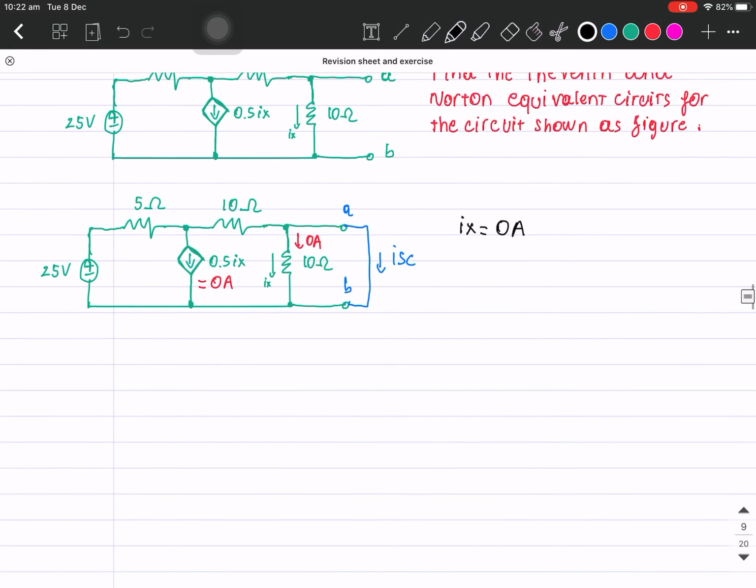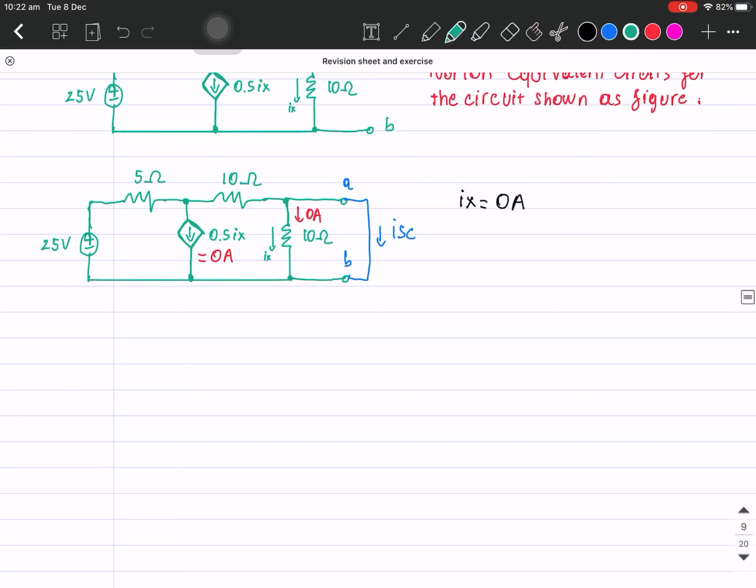So therefore, we're gonna redraw this circuit. This is 25 volt. And we got 5 ohms here, in series with a 10 ohms. And this is your short circuit current attached to it.